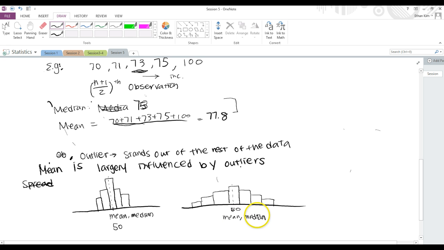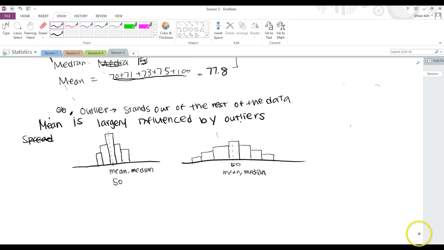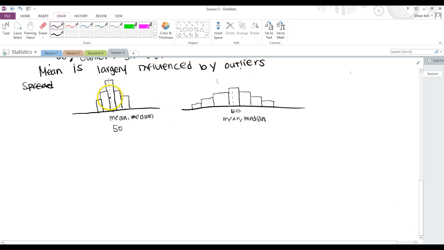In statistics, it is important to say something about the center, and we did. These are two very different data sets. If you look at the spread in the graph, it's very different, but they have the same center. So we need another way of differentiating these kinds of distributions.